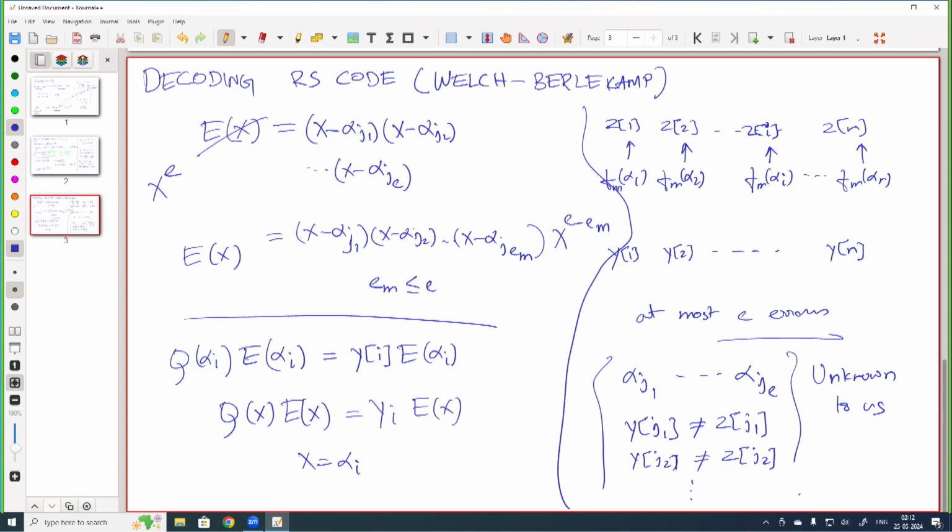So, this polynomial q of x is again something that we do not know, but what I am going to say is that this is a polynomial of degree at most E plus k minus 1. It is again an unknown polynomial. Okay. And here let me actually replace y I, I should have done that earlier, with f of x.